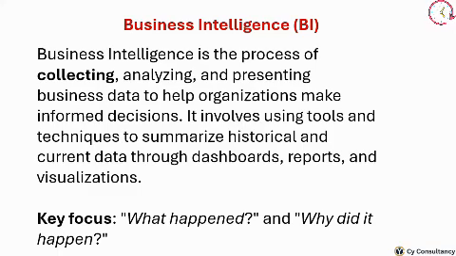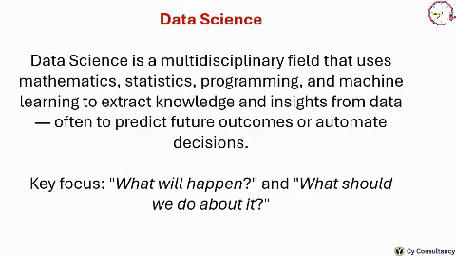What is the difference between business intelligence and data science? Data science is about what will happen and what we should do about it. We are going to use machine learning, statistics, programming, and some mathematics. So that is the difference.